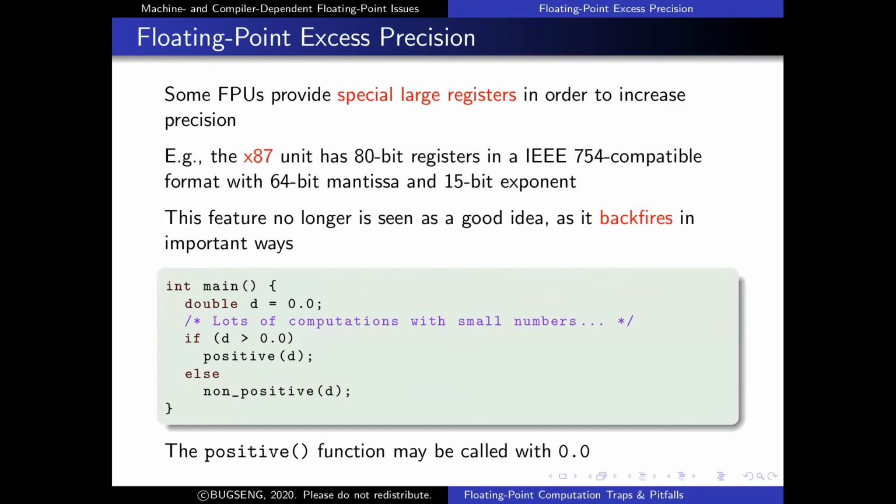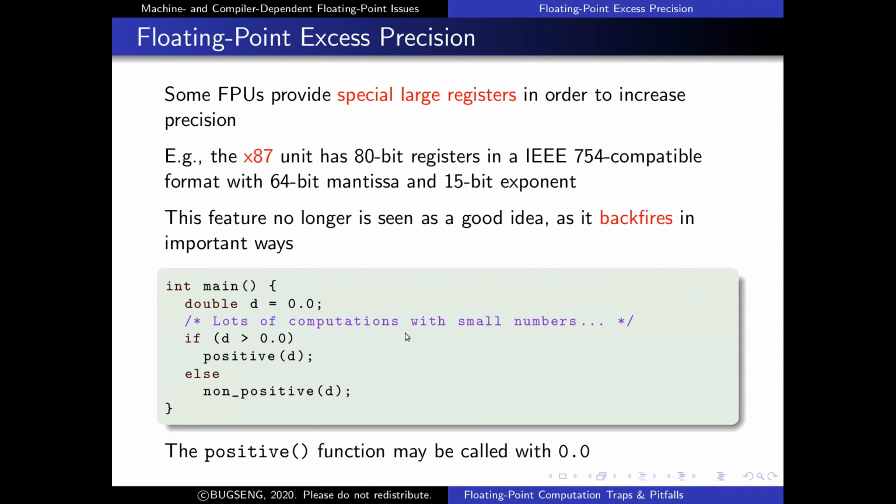However, in this program, due to the large registers of x87, for example, the positive function may be called with 0.0. Why is this? Because d, when it is tested in the if-then-else statement, may reside in an 80-bit register, so with extra precision.